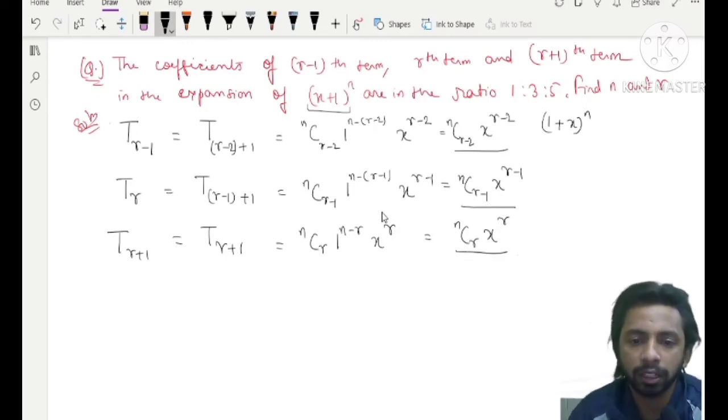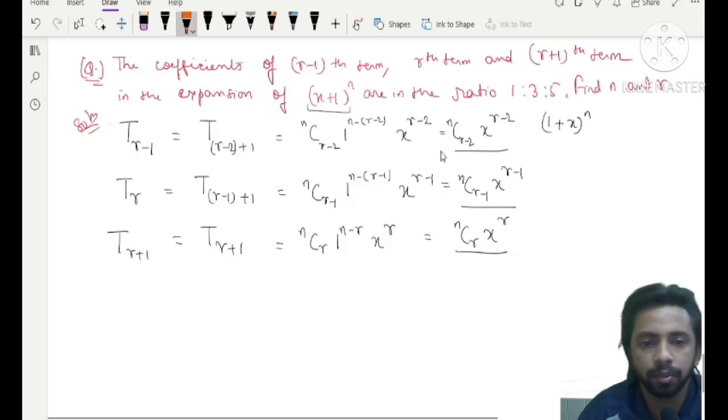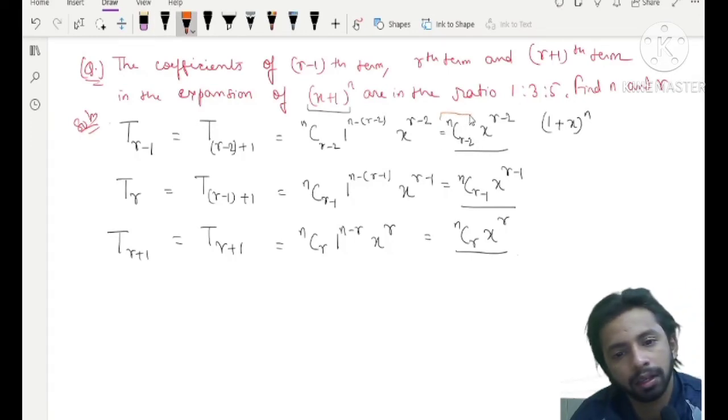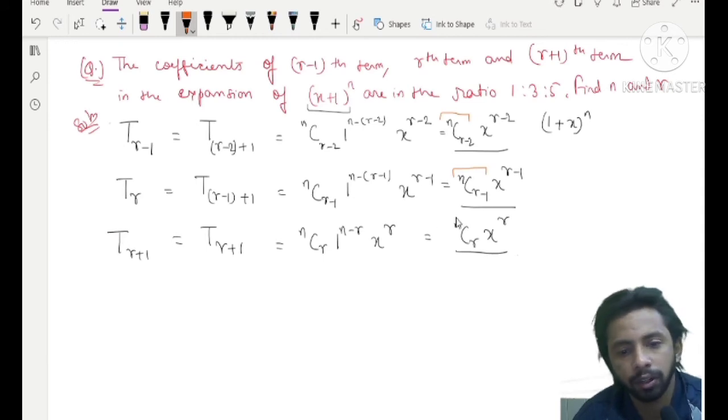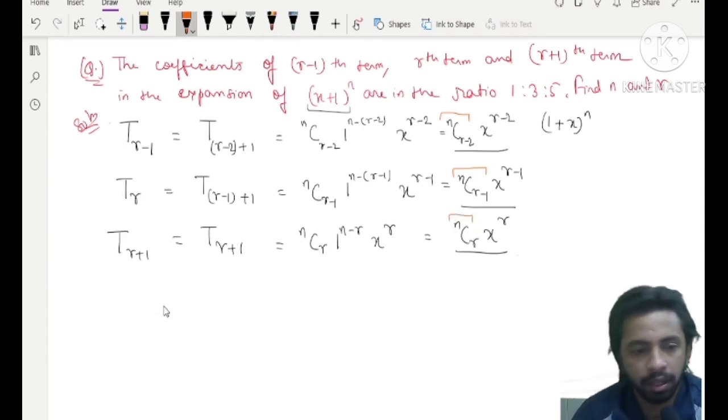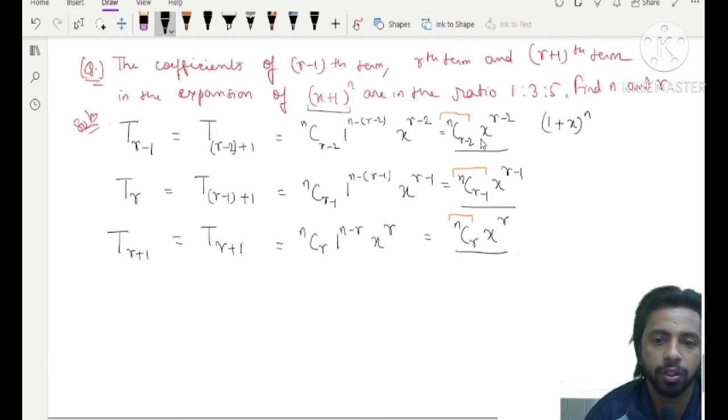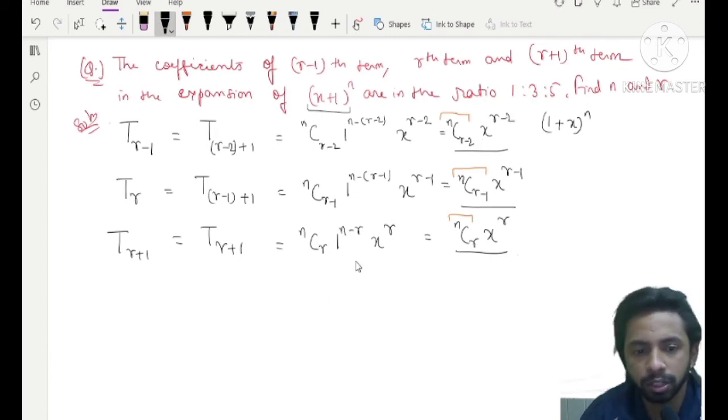What are the coefficients? In tr minus 1 the coefficient is ncr minus 2, in tr the coefficient is ncr minus 1, and in tr plus 1 the coefficient is ncr. Now according to the question, they are in the ratio 1:3:5.